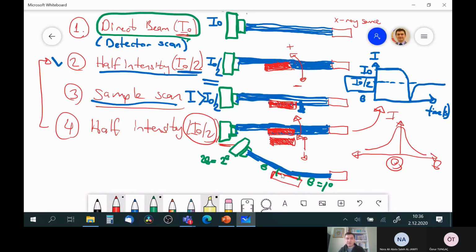So at this condition, we repeat the sample scan again. We repeat this procedure. Now the sample scan must be like this. This is the theta. Let's consider this is 2 and this is 0. If the result is like this, then the position of the sample is correct, and you can start the experiments.